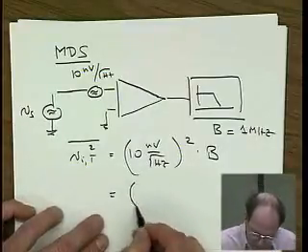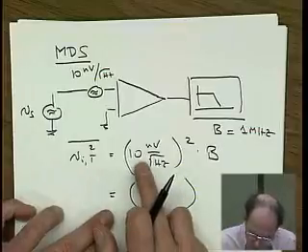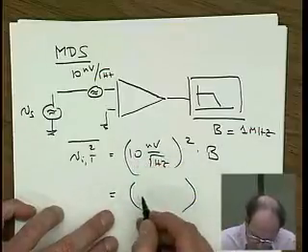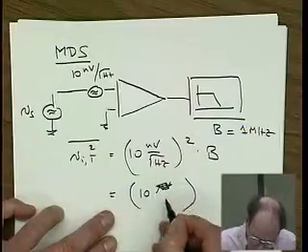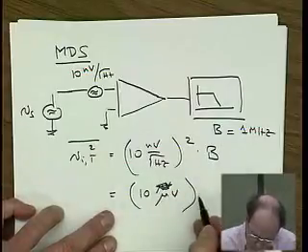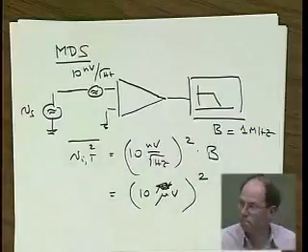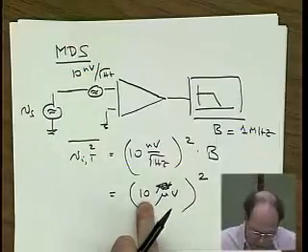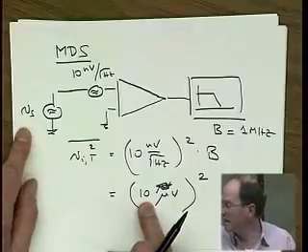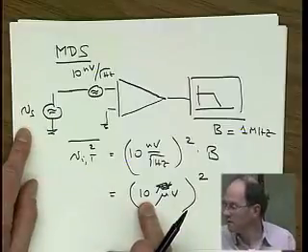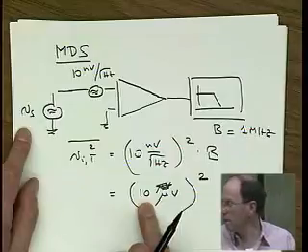And then this of course would turn into 10 microvolts. Well, now it's just microvolts. The square root of hertz goes away, squared, right? So now we can compare this to Vs. And Vs, if Vs is less than 10 microvolts, well, it's going to be buried in the noise.